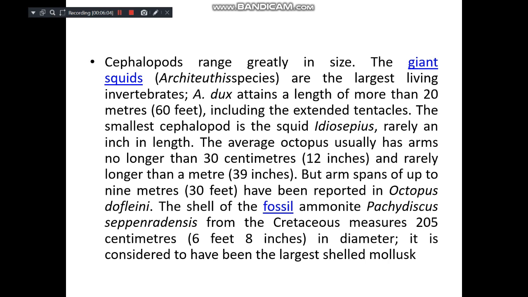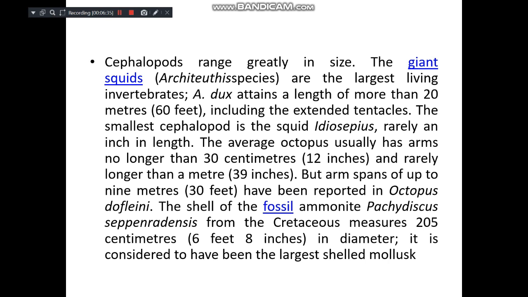Sometimes, very rarely, the octopus can get an arm which is of the length of a meter. There is even one species of octopus, Dofleini, whose arm span is up to 9 meters.